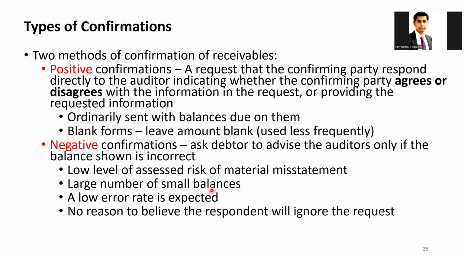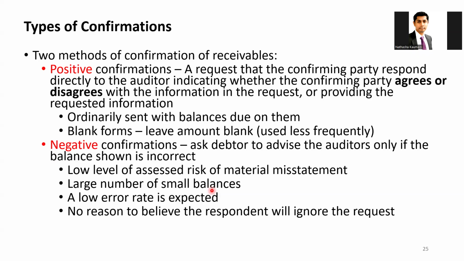That means you have a very small number of debtors, but in billions, right? You have, let's say, 1 billion, 5 billion, 10 billion, but 10 debtors are there. You definitely know that these 10 debtors are going to reply to you. So if they don't reply, that means they have actually checked the documents and they agree.